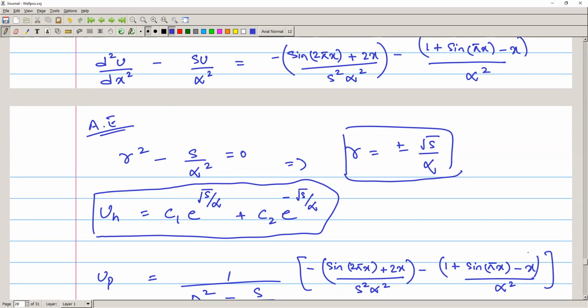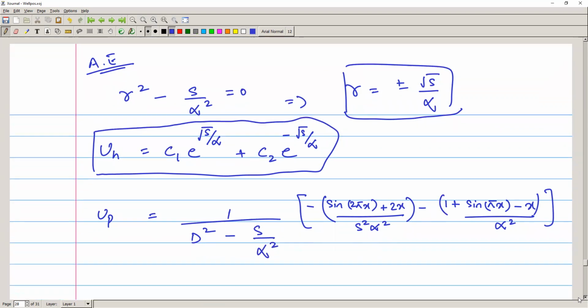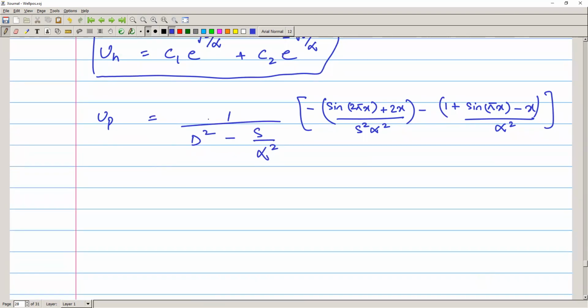All right, so now we can apply the operator D method. First of all, we will arrange the terms.